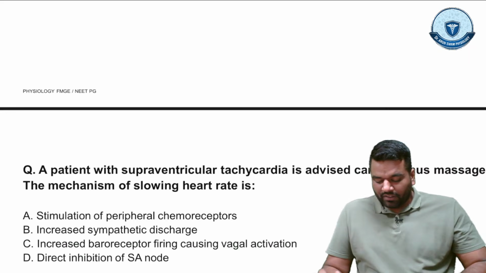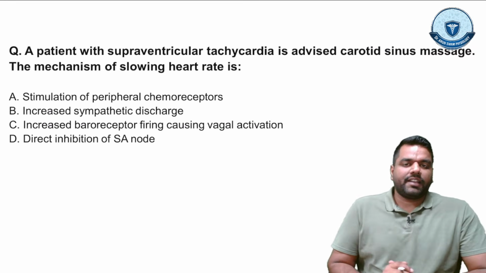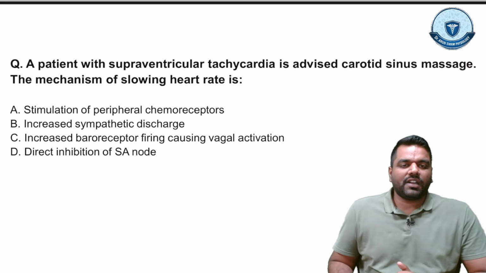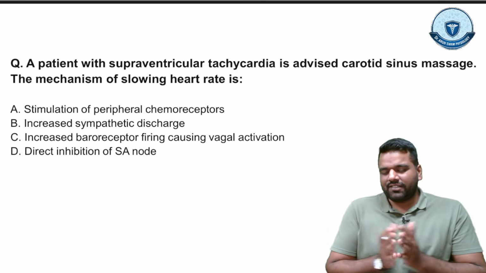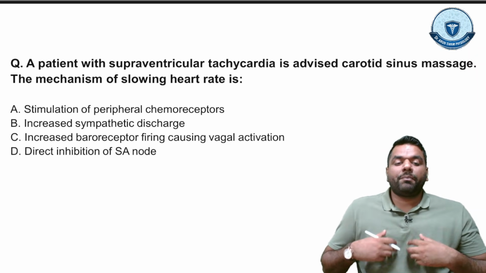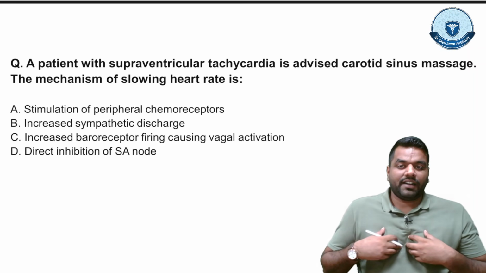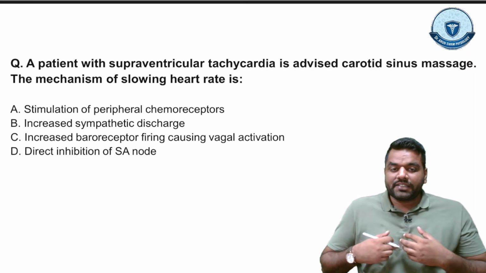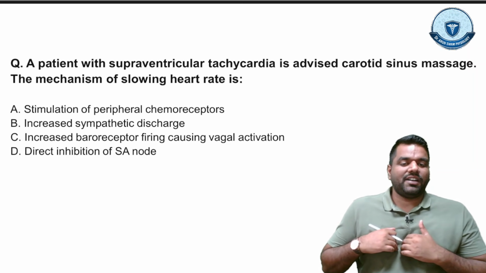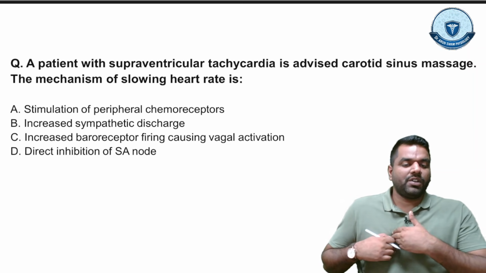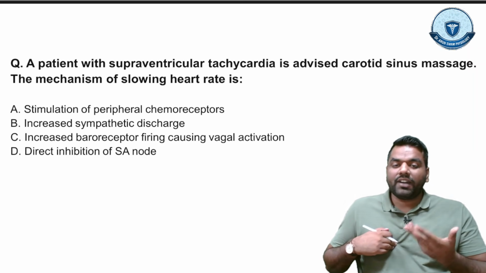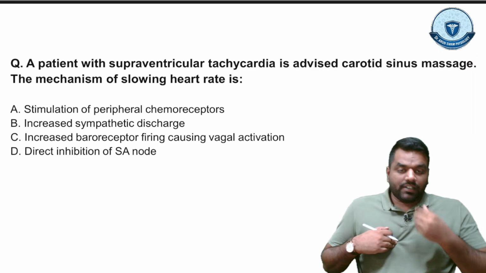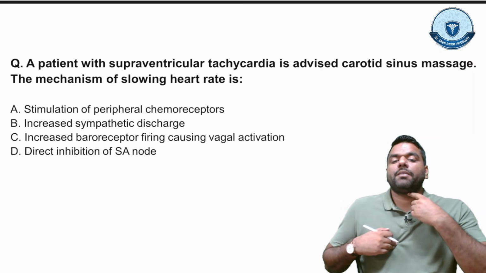Another MCQ. A patient with supraventricular tachycardia is advised to do carotid sinus massage. The mechanism of slowing heart rate is, as we just discussed, in SVT you basically slow down the heart. How can you slow it down? या तो आप ब्रेन से मैसेज भेज दो या हार्ट के अंदर डायरेक्टली जाके और आप हार्ट को स्लो डाउन कर दो. So what you can do, without any invasion, guys, is simply send the message via the brain.